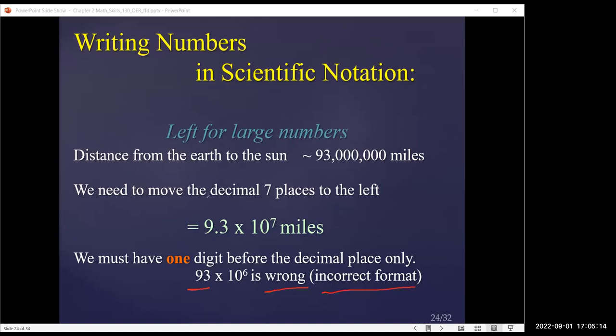The correct format is you're always going to have an integer up front. Then, if necessary, you will have a decimal point and then whatever numbers follow, or zeros, whatever you need to give you the correct number of sig figs. So you always want to keep it single. If there was one sig fig, then this would be 9.0 times 10 to the 7.